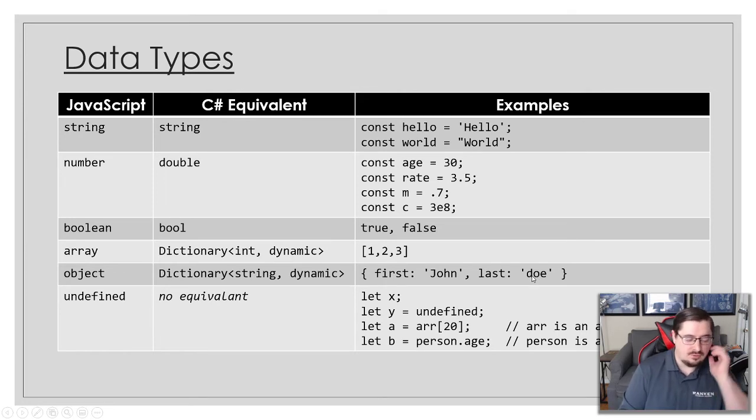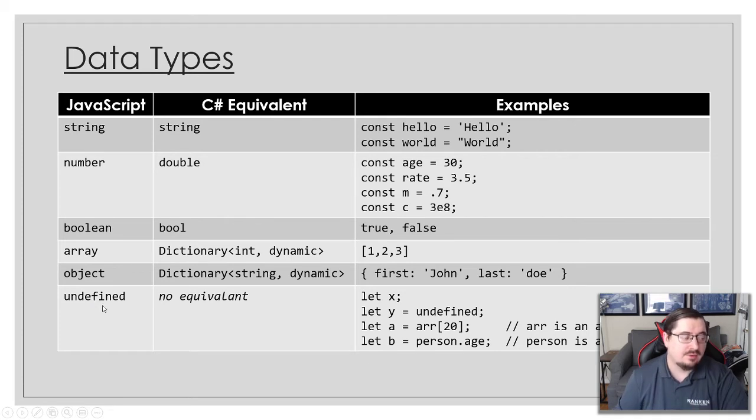So now I have an object with a first and last name. I can very quickly create objects that way, and they can be fairly free form. Again, behind the scenes, this is implemented as a dictionary from strings to, well, any type. So your properties can have any value.